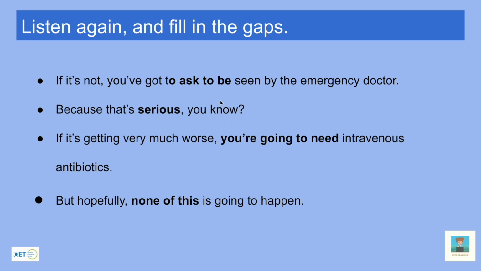So that's a little bit informal here, but as I say, she knows the patient quite well. If it's getting very much worse, you're going to need intravenous antibiotics. So she explains what could happen. And then there's that reassurance, of course. But hopefully none of this is going to happen.